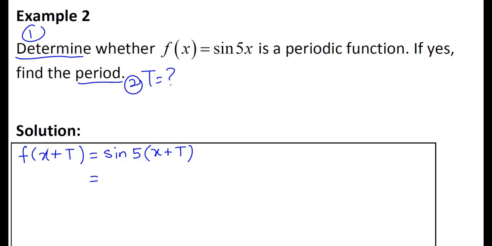Using trigonometry properties, you can refer to sin of a plus b.